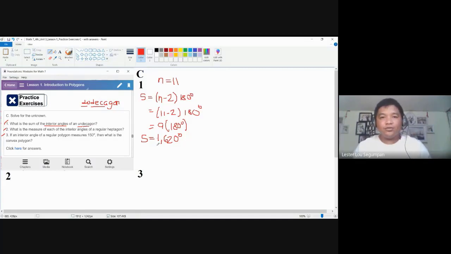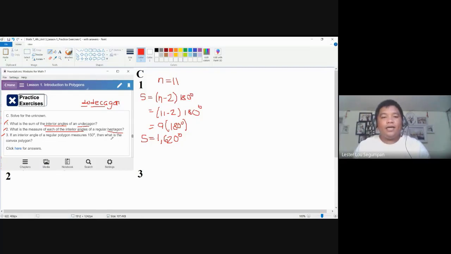Let's proceed to number two. We will use the same concept here, but we just added another consideration. Here, we are tasked to determine the measurement of each of the interior angles of a regular heptagon.